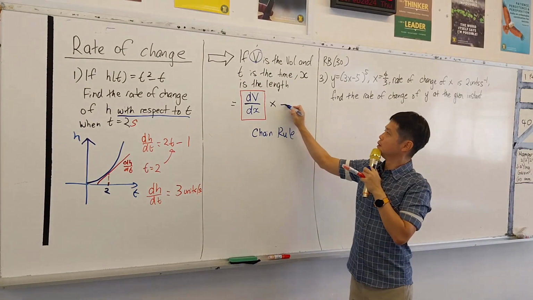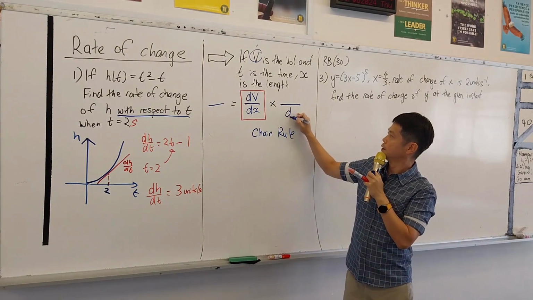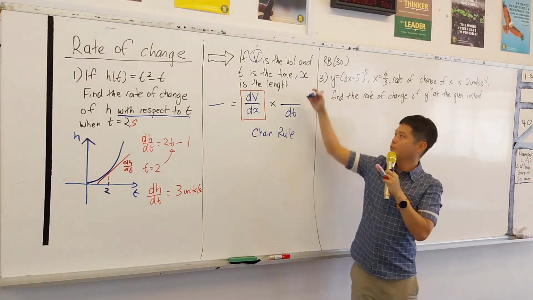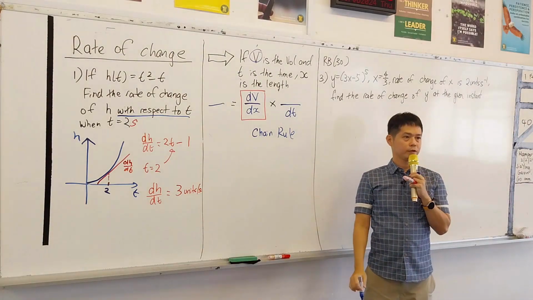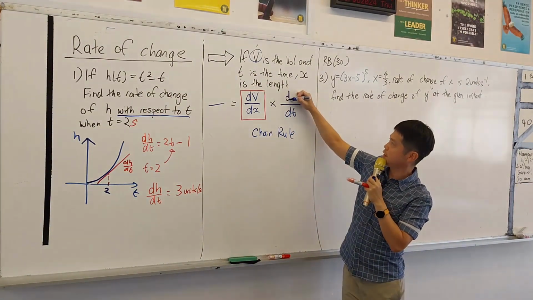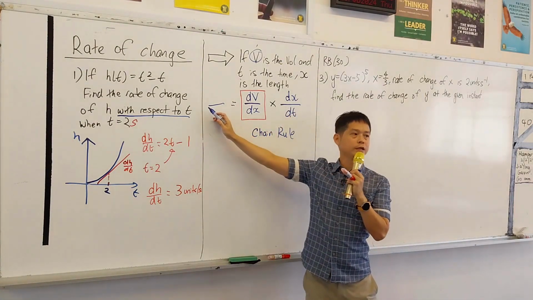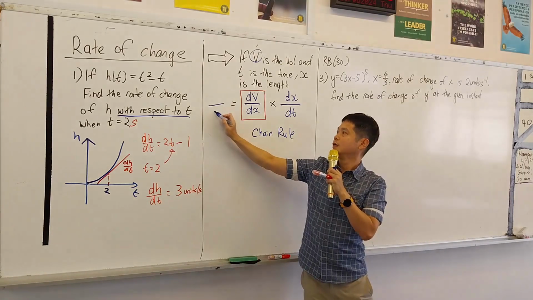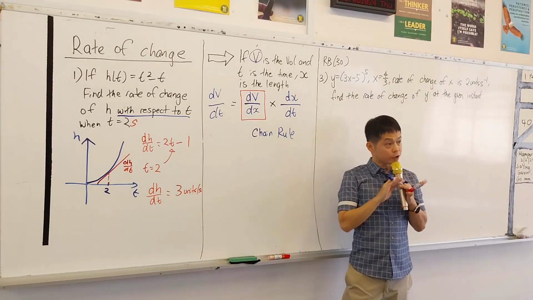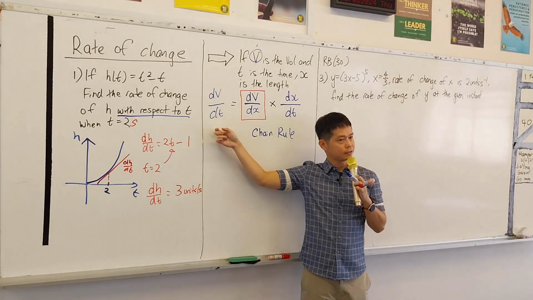Now, later you will see. If this is dt, what letter is on top? It will be the dx. So if I cancel, what will be left? dv over dt. Why do I do it in this sequence? It's because you don't know whether this side is dv dt or dx dt.